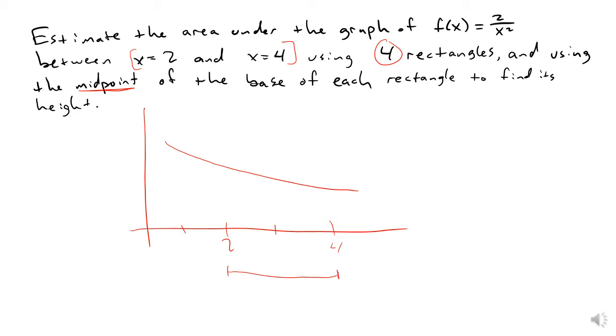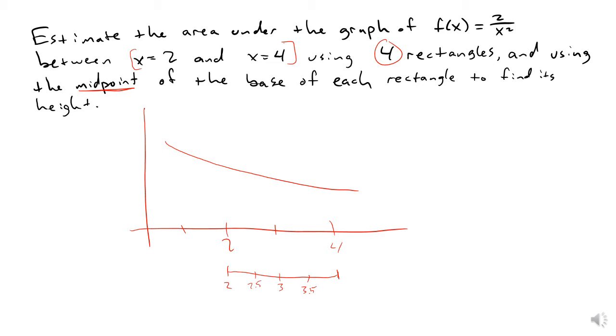Well, obviously, if I'm going to need 4 rectangles to get 4 little subsections, it's going to look something like this, where our first rectangle is going to go between 2 and 2.5. The second rectangle is going to be between 2.5 and 3, and then between 3 and 3.5.